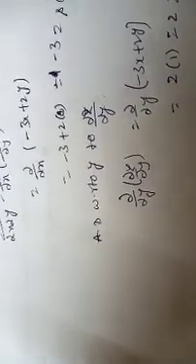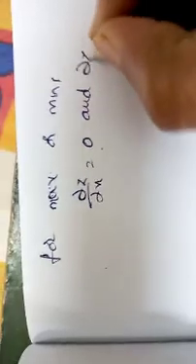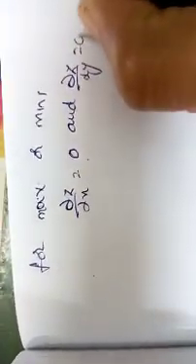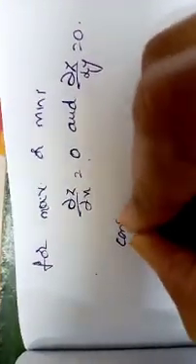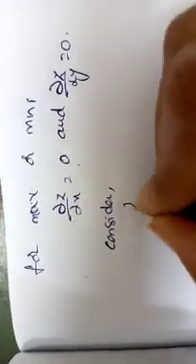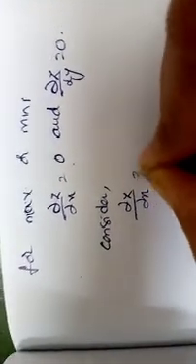For maxima or minima, dou z by dou x equal to 0 and dou z by dou y equal to 0. Consider dou z by dou x equal to 0.